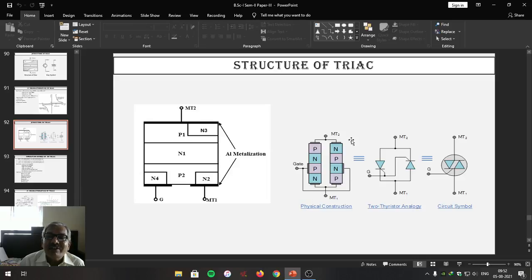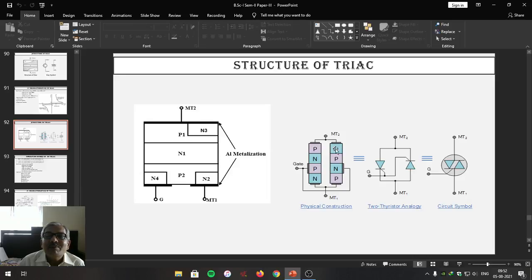It is represented here. So this is the two SCR anti-parallel connection of TRIAC. One SCR is PNPN, meaning P1, N1, P2, N3. And the second one is P2, N1, P1, N3, that means PNPN.